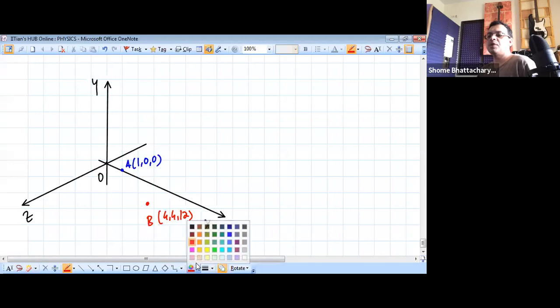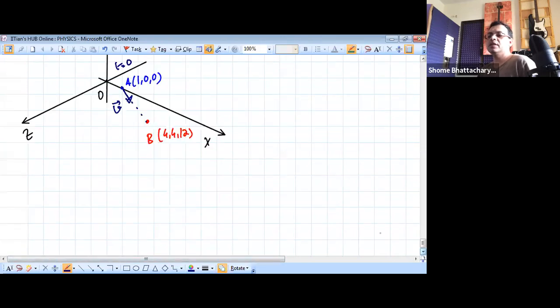What is happening is the particle is starting from the point A, but moving along this line AB. Therefore its velocity from where it starts will be a vector along that line. So this is where it is at t equal to 0. Now at t equal to 2 seconds, we don't know where it is. Maybe it has reached B, maybe it has gone past B also, we don't know.